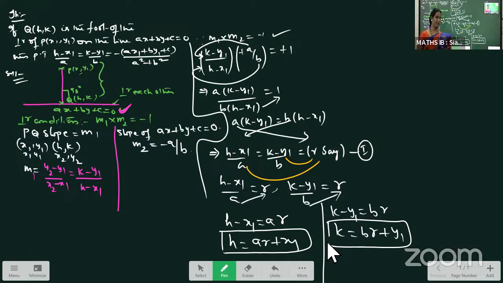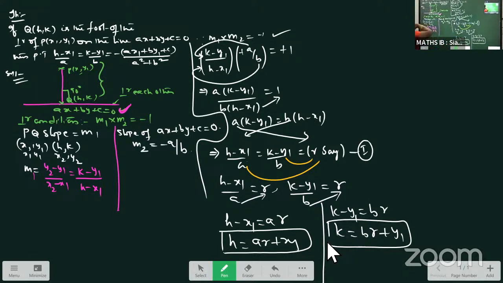Practice 2 or 3 times because up to here, at least a minimum of 3 marks you will get. After that, chances are there to get fewer marks if you make any mistakes. Keep this in your mind. Foot of the perpendicular theorem and image theorem are both the same up to the H and K values. Then we are going for the next part.